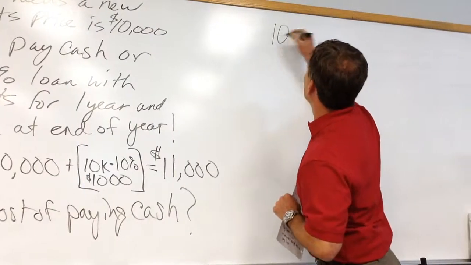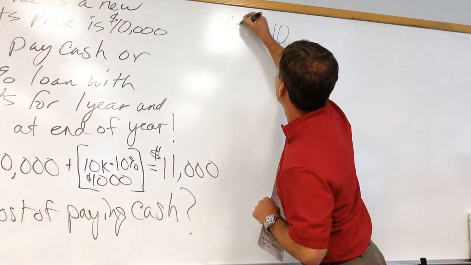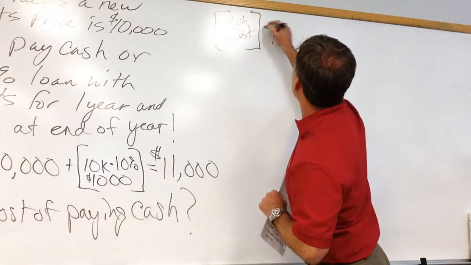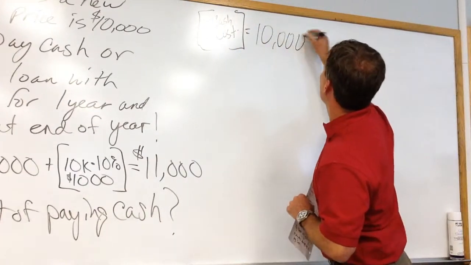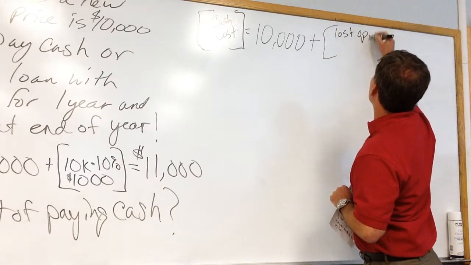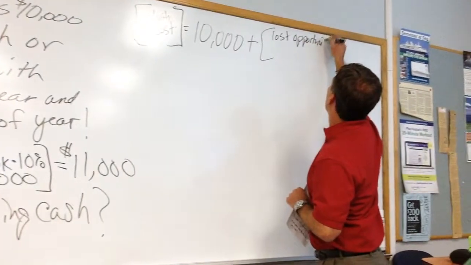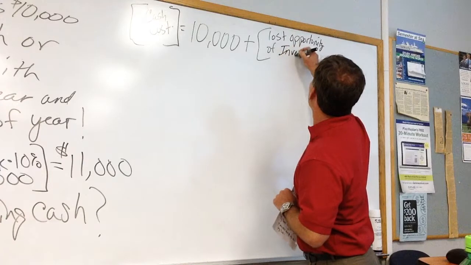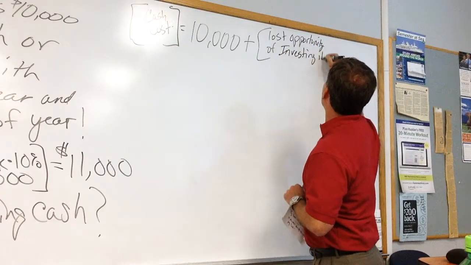So the cash cost is equal to the 10,000 plus the lost opportunities of investing it elsewhere.